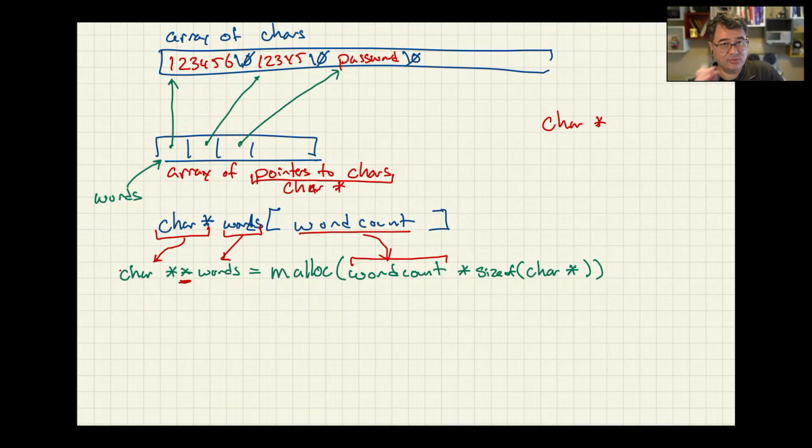One way to think about it is don't worry about the fact that it's two arrows. Just say whatever this thing is pointing to, whatever type that is, which is character pointer, I've just got a pointer to that. And the way I make a pointer to that is just add a star onto it. So it's just the notation.